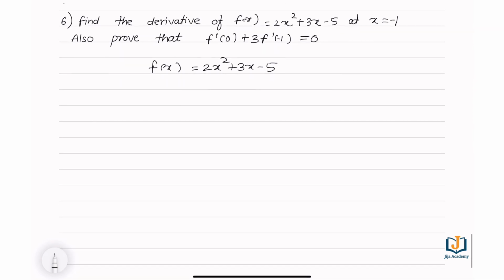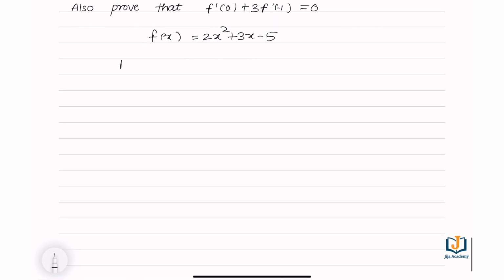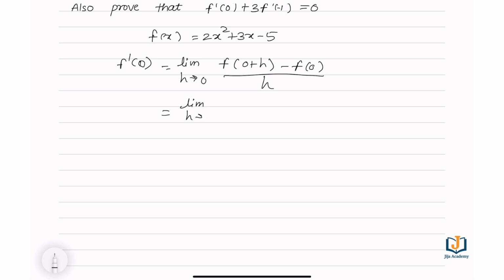So derivative at 0 is equal to limit h tends to 0 f of 0 plus h minus f of 0 upon h. So limit h tends to 0 f of h minus f of 0 divided by h.